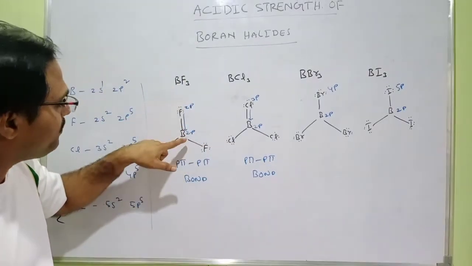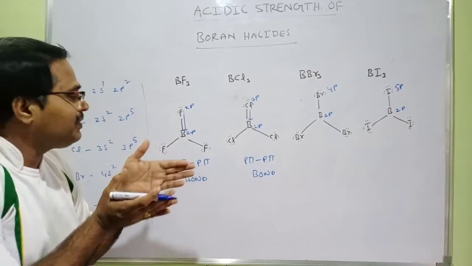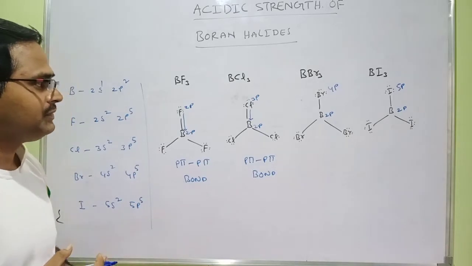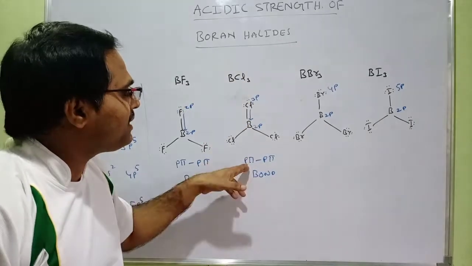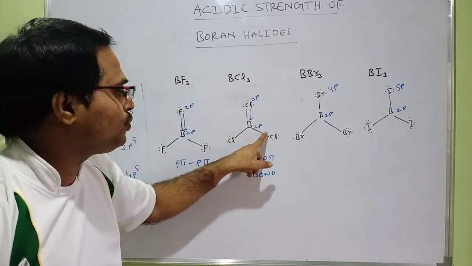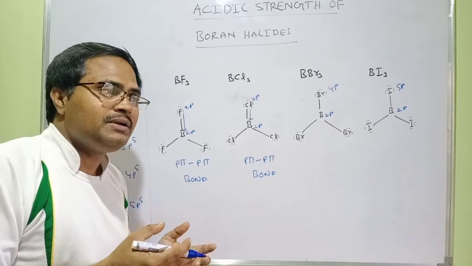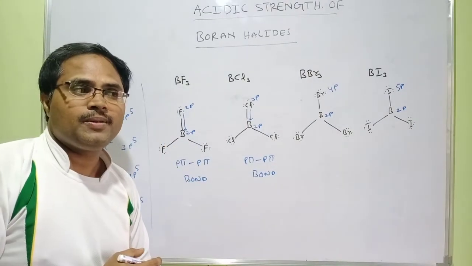Here the interaction is good because this is a 2p orbital, this is also a 2p orbital. So the overlapping between orbitals will be greater and larger. But the extent of overlapping will be decreased here because this is a 3p orbital and a 2p orbital. Overlapping happens, but it doesn't happen as it does for the BF3 molecule.